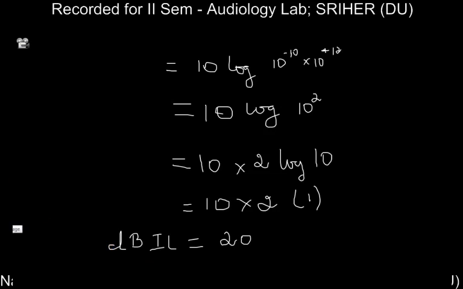We'll see another example where the observed intensity is going to be lesser than the reference intensity. So let us take 10 to the power minus 13 as the observed intensity. Now this has to be converted into decibel scale.